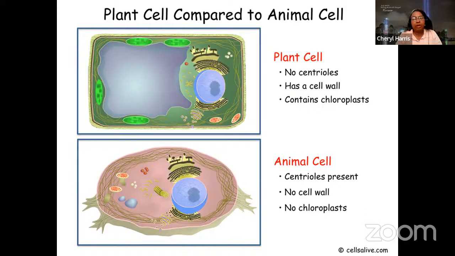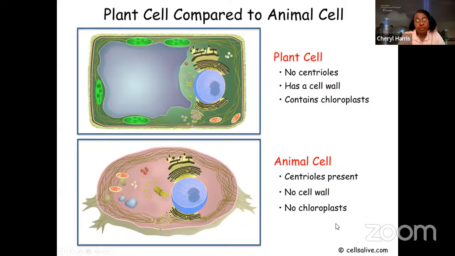Plant cells don't have centrioles, which are most important during cellular reproduction. Plants have a cell wall, animal cells do not. Both plant and animal cells have mitochondria, but only plant cells have chloroplasts, which are the green structures. Okay, and so that's important for plants.